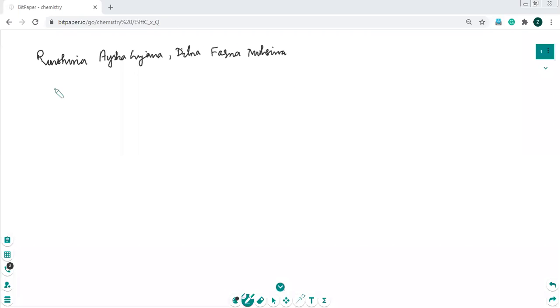So we'll start with aldehydes and ketones. Aldehydes and ketones.